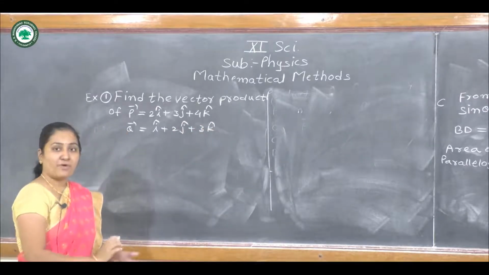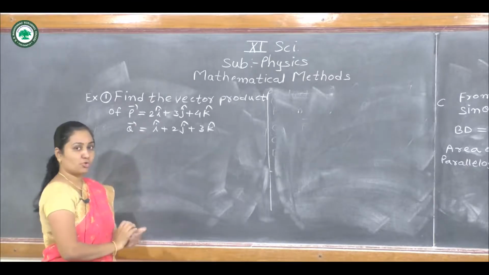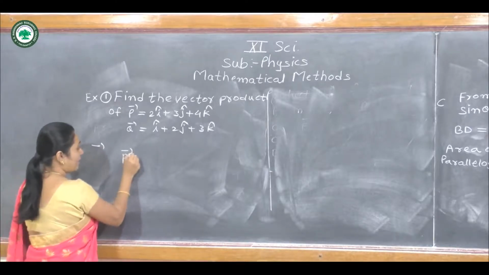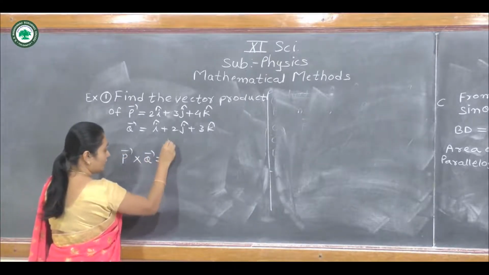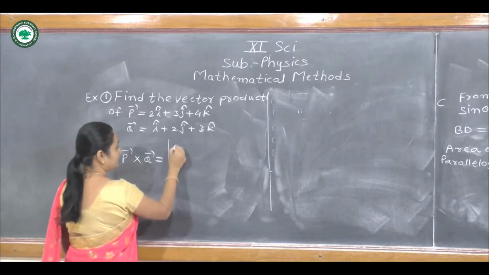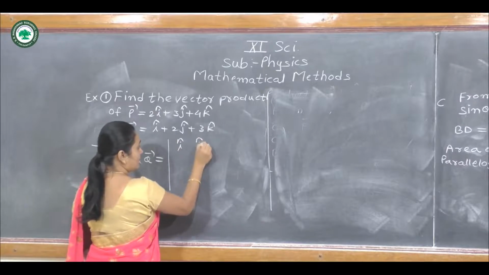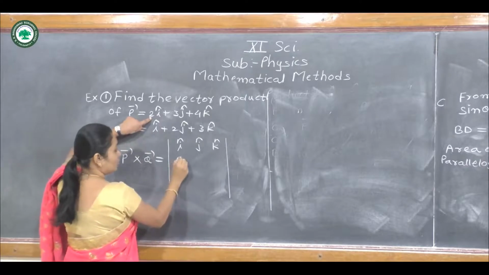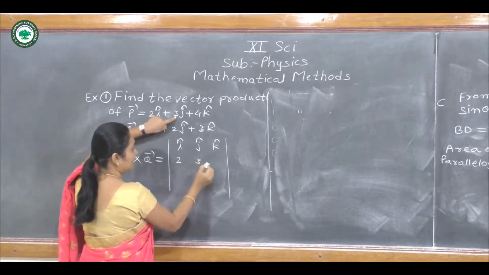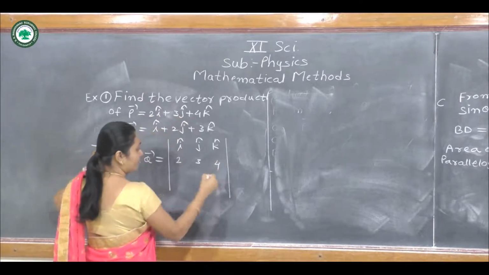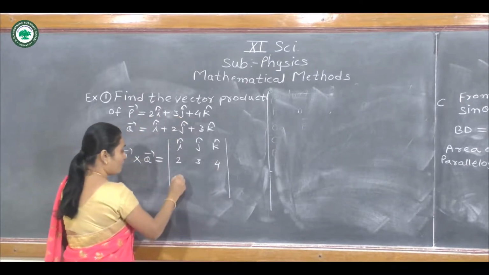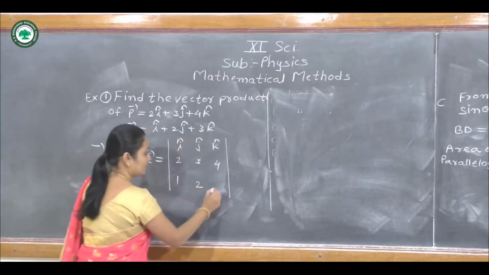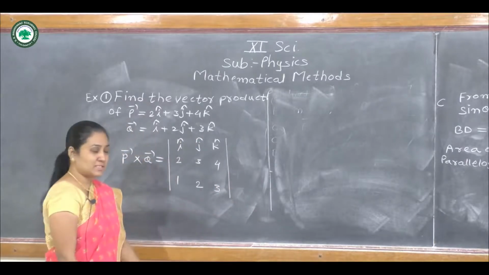Now we have to find the vector product of these two vectors. So by using the formula, P bar cross Q bar is equal to determinant i, j, k, Px 2, Py 3, Pz 4, Qx 1, Qy 2, Qz 3. Now we have to solve this determinant.